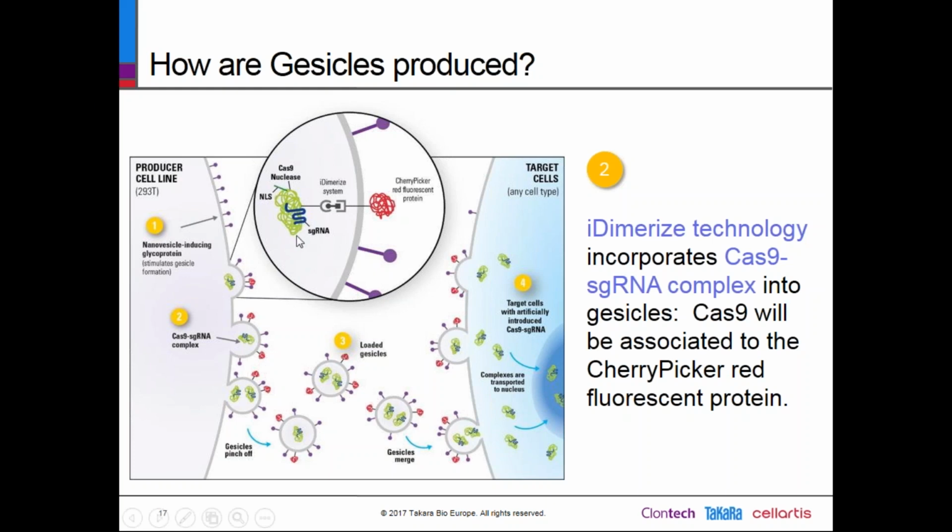So it's an artificial dimerization technology in which we will just tether the Cas9 to the membrane-bound cherry picker fluorescent protein using small dimerization tags and a little dimerizer molecule. And this is just to enrich the Cas9 at the cell membrane and within the jasicles, and to avoid that Cas9 will go to the nucleus via the nuclear localization signal.